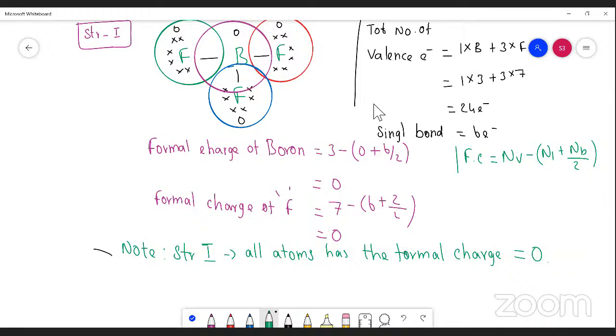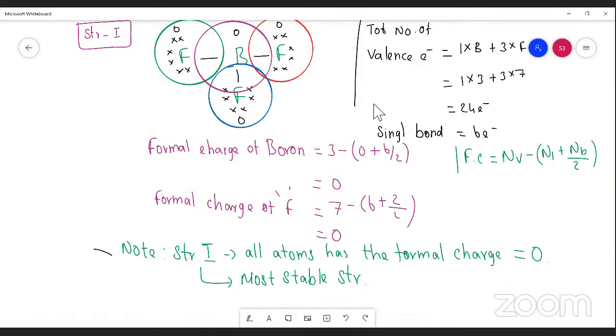Correct? So structure 1 is the most stable structure. Okay. Now, if you are writing the same BF3 with a different structure, suppose we want to move a lone pair towards a boron.